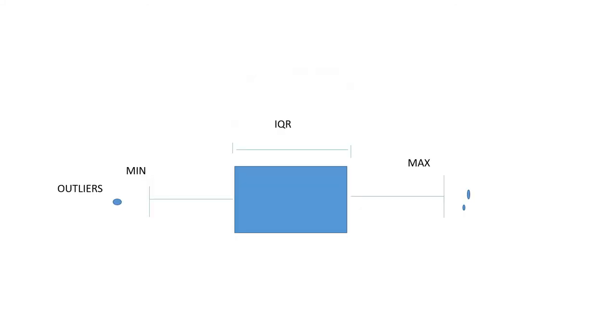So this is the plot, and this is the box. The length of the box will be the IQR, the interquartile range, which is Q3 minus Q1. This middle value is known as the median, Q2. Here it would be Q1, and here it would be Q3.